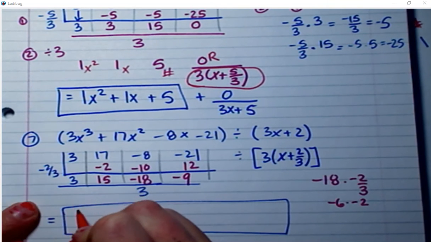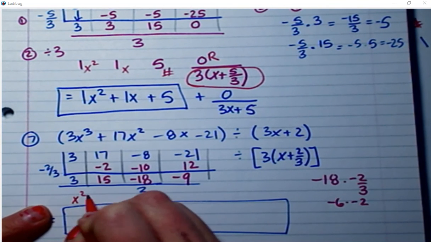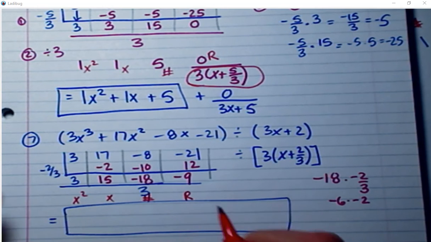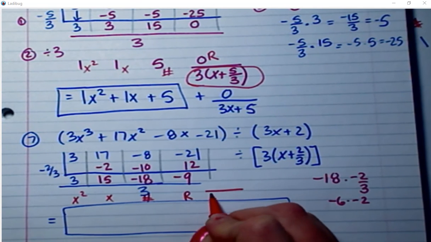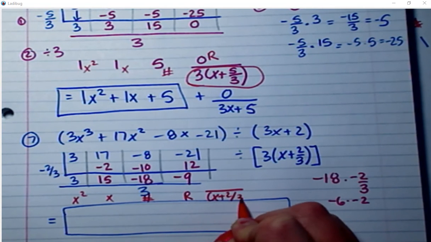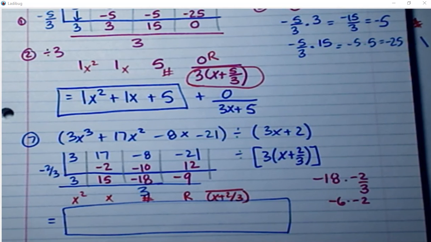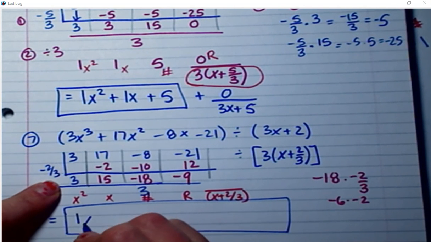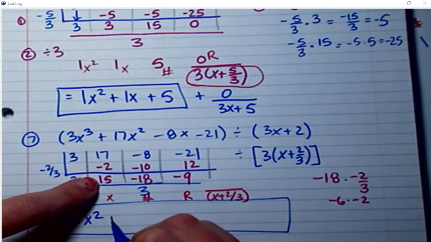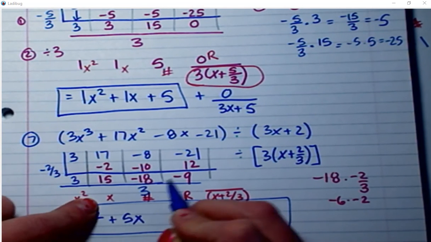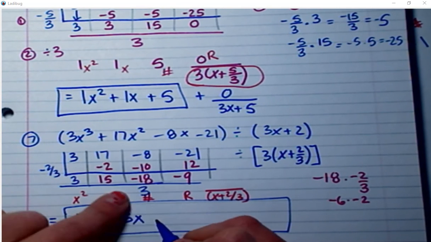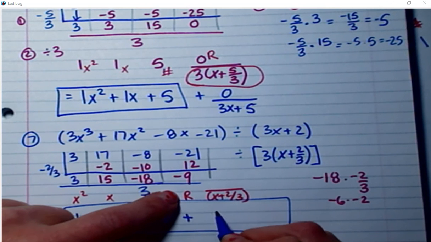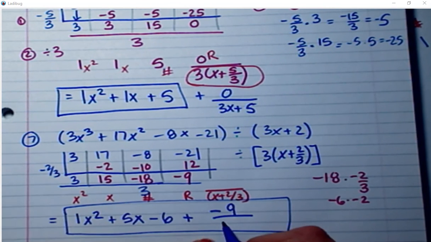Okay. So we need x squared, x, number, and the remainder. The remainder is the thing that gets this part. Here we go. Divide by 3. So we get 1x squared, 5x minus 6 plus the remainder.